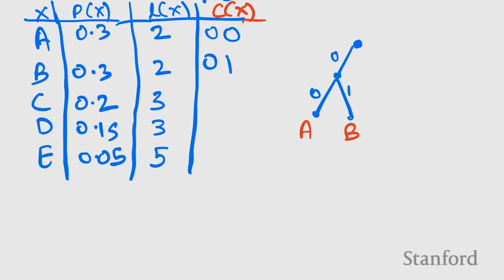What about 0, 0, 0? Is that good? Right, 0, 0, 0 is not good. It's a child of A, so it will violate the prefix property. So let me assign something. I need to go to this branch, I think. Let's just take this path, 1, 1, 1.